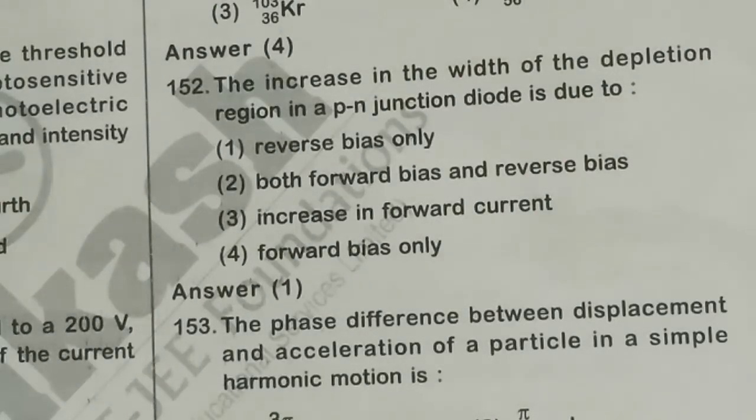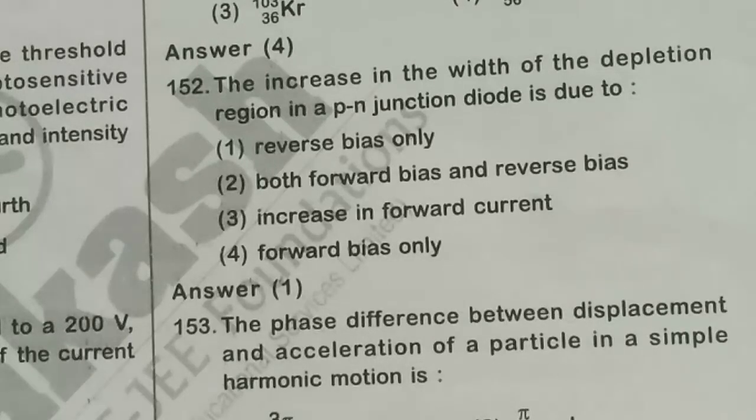Due to reverse bias, the width of the depletion layer increases, hence there is no crossing of holes and electrons and the diode does not conduct. The main cause is the width of the depletion layer increasing during reverse bias. Your option is the first. Right? Next.